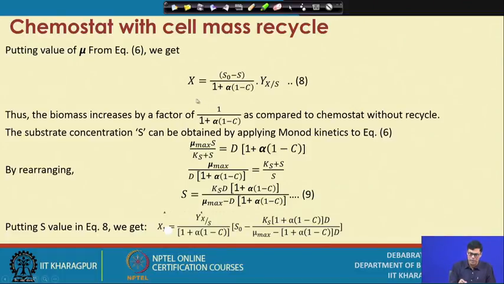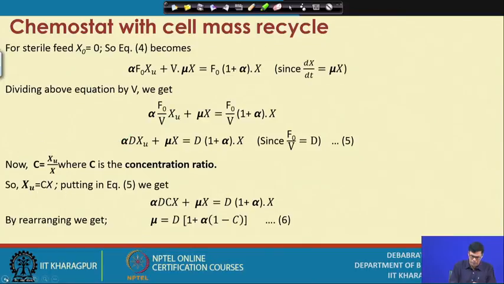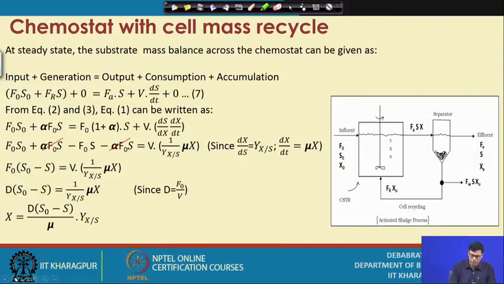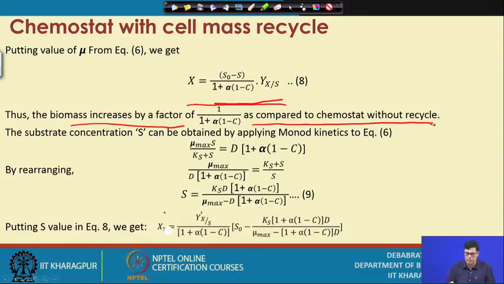Now, x equal to this, and before that we have derived this equation mu equal to D into 1 minus alpha into 1 minus C. Am I right? So, this I can put it here, and the final equation will be this, and thus the biomass increases by a factor of this as compared to the chemostat without recycling.